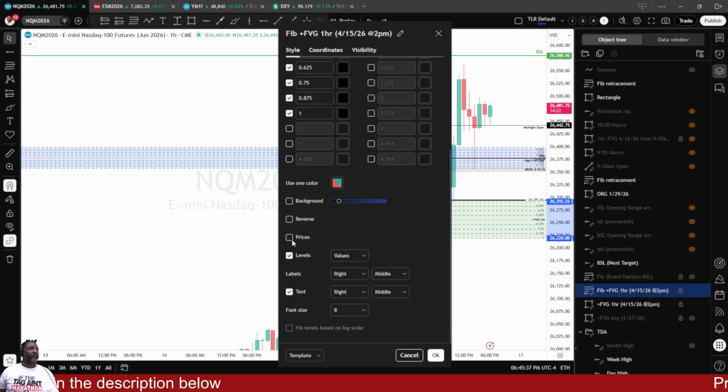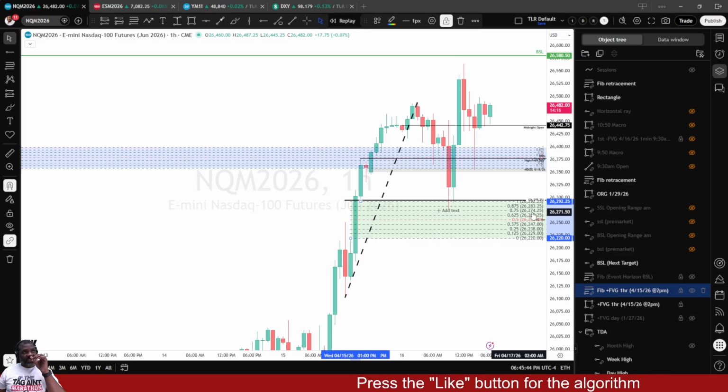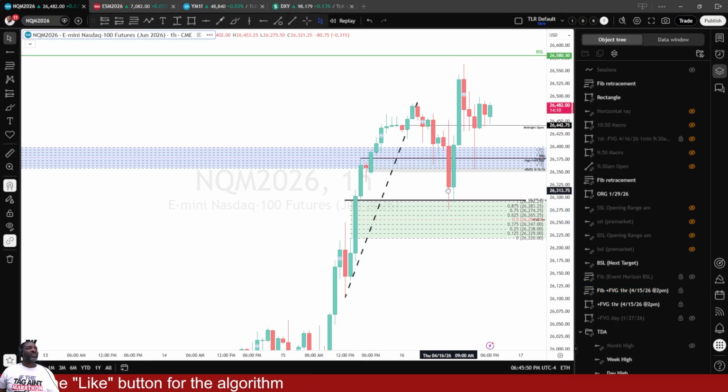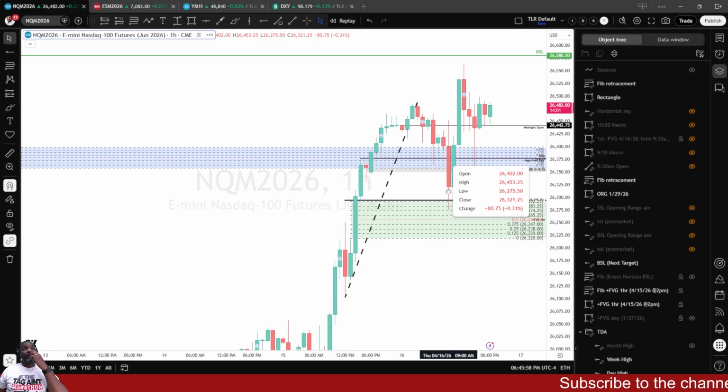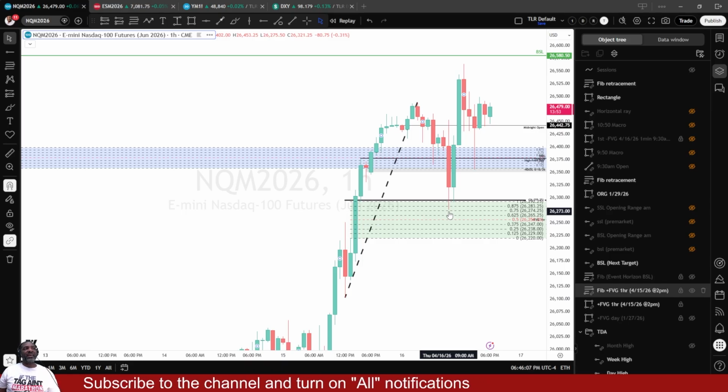Our upper quadrant is 26,274 and a quarter, and the low on this candle right here is 26,275 and a half. So we were a point and a quarter higher than the upper quadrant. So failed to hit the upper quadrant.